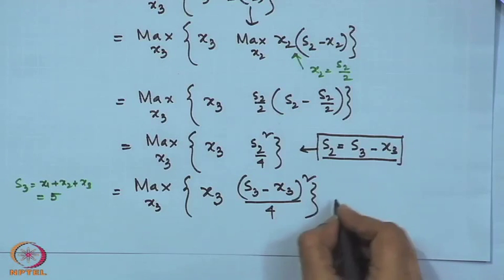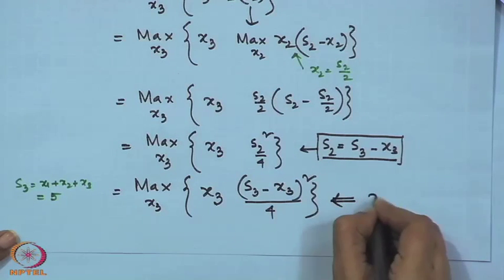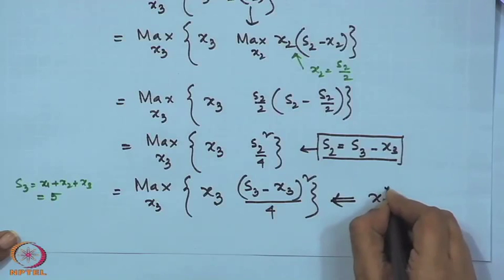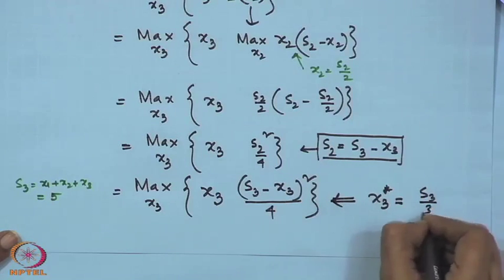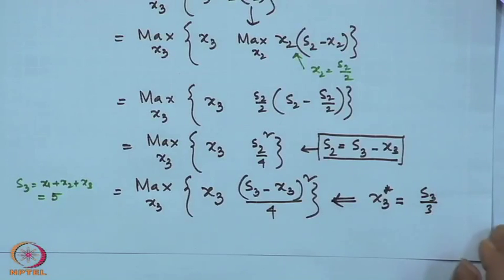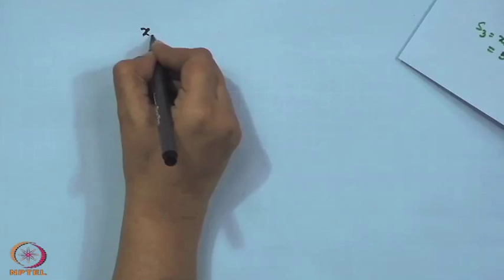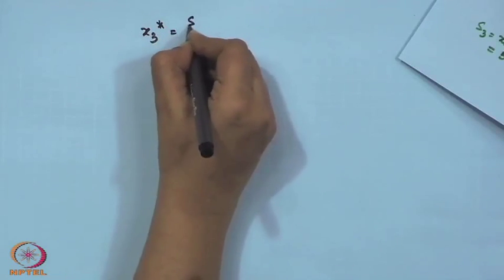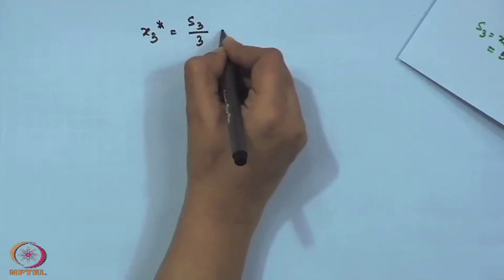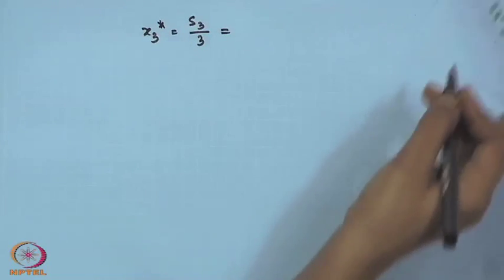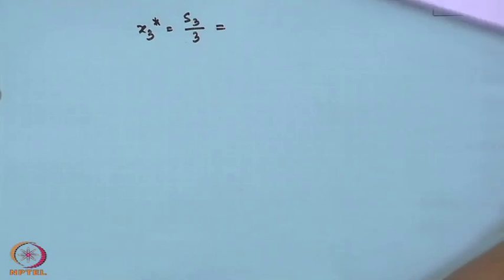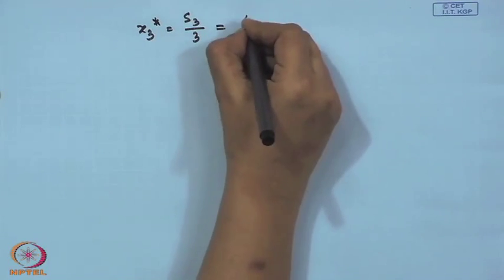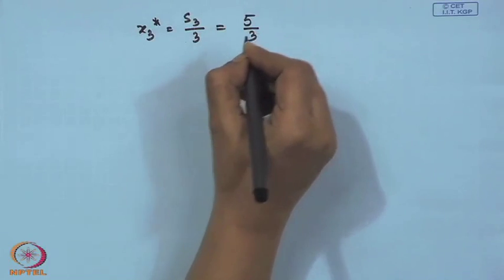By applying the differential calculus technique, we will get x3 star, that is optimal, equal to s3 by 3. Now just now we have said that s3 means x1 plus x2 plus x3, whose value is equal to 5 because that is a given constraint for us. Thus we can say that this is equal to 5 by 3.